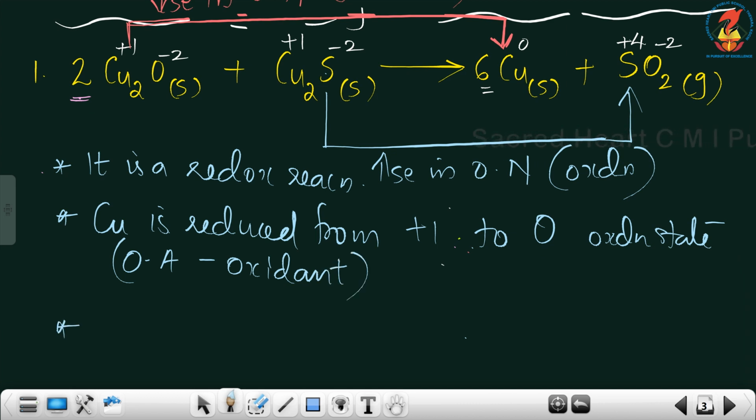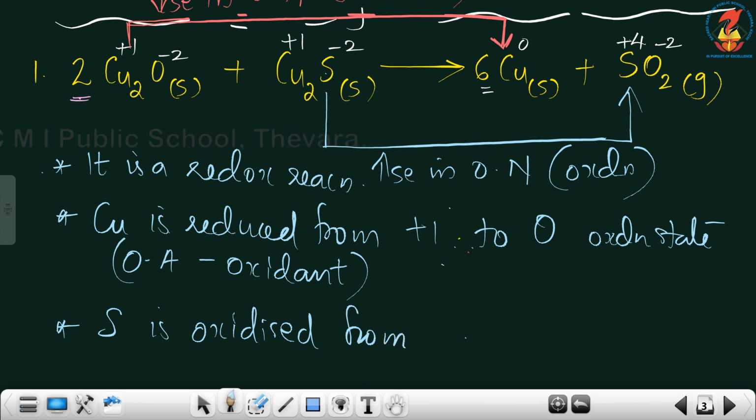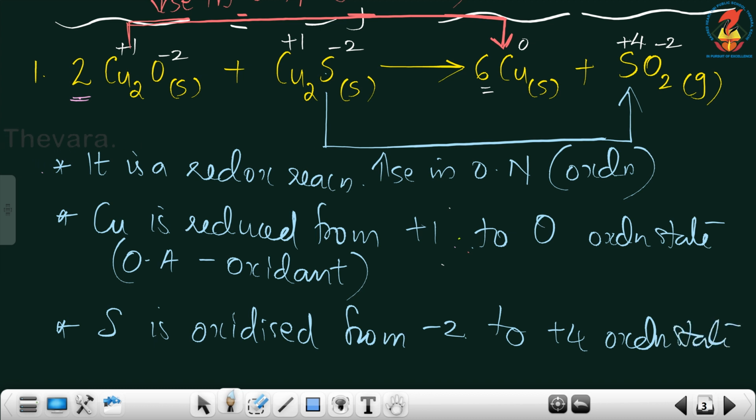Now what happens to sulfur here? Sulfur is -2 to +4. So what is the change in oxidation number of sulfur? There is an increase in oxidation number. So sulfur is oxidized from -2 to +4 oxidation state, because there is an increase in oxidation number in the case of sulfur.